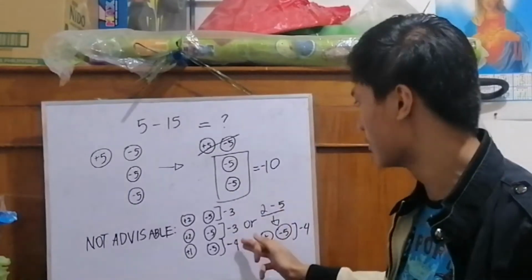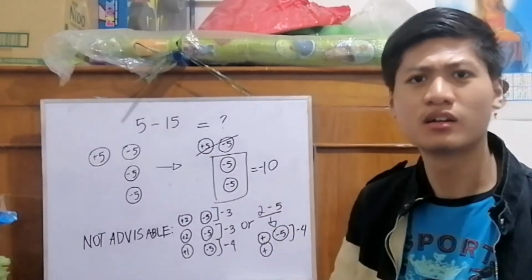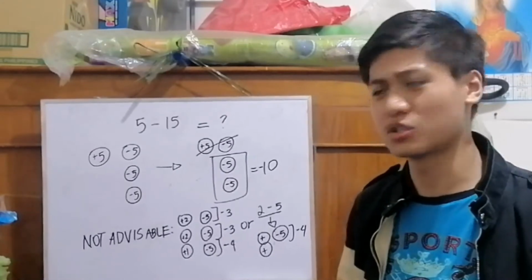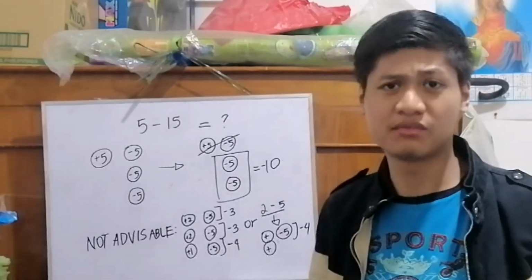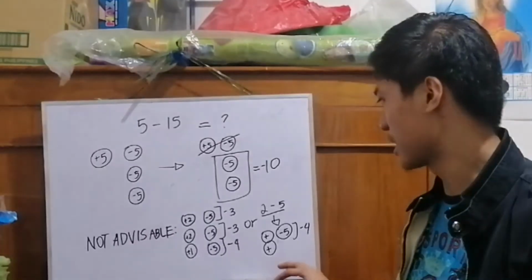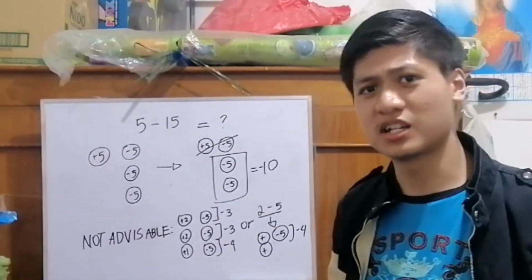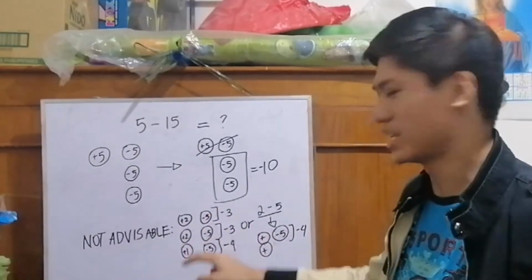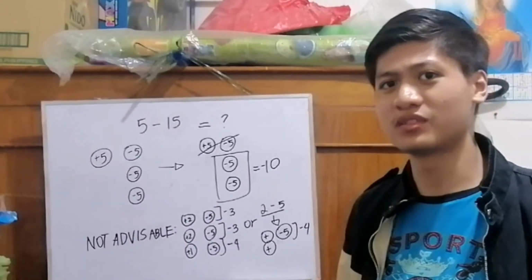So just add them, and it will give you the same answer, but it would make the process confusing, because what if you're in the midst of an exam, and sometimes there's a tendency that you do not know what you're doing, so there's a possibility that you might cancel them and your answer will be wrong.